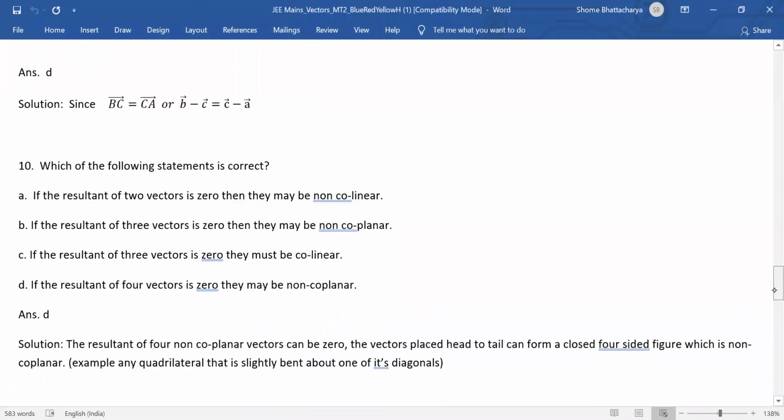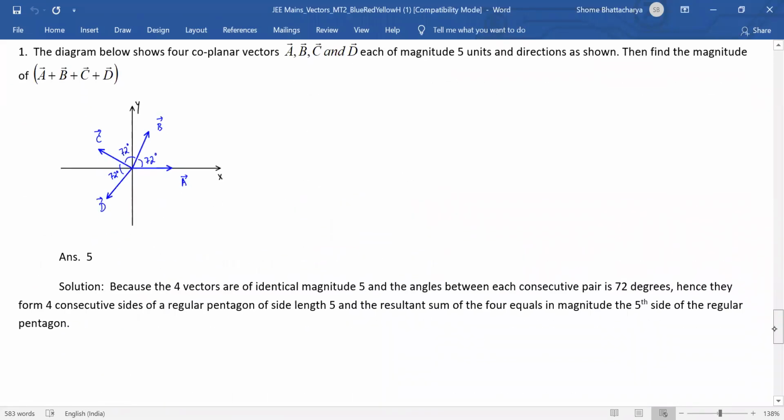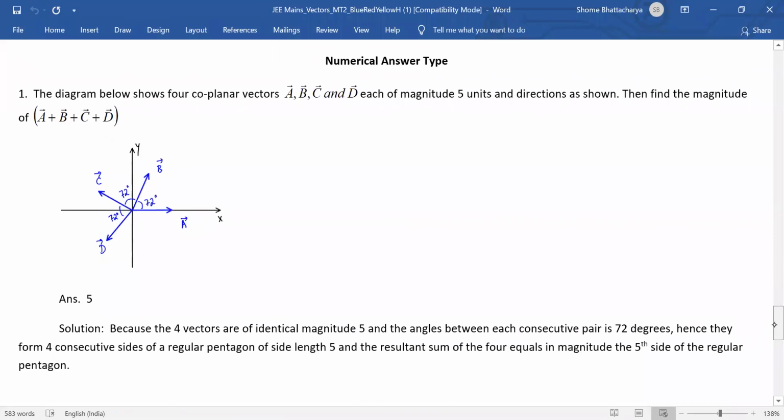Now let's come to the numerical answer type questions. So in this, you could use the fact that 72 degrees is 360 divided by 5.